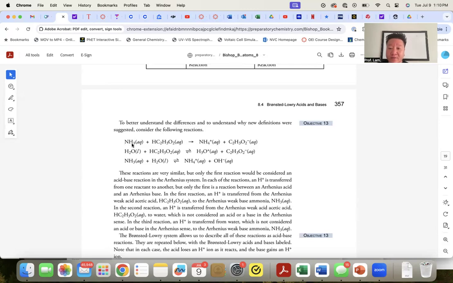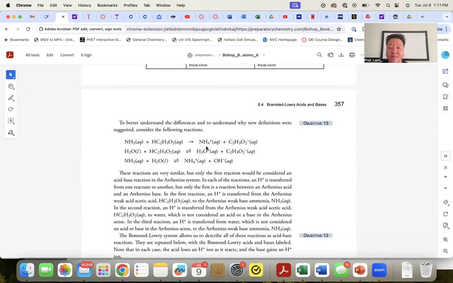NH3, we already saw from another video, is a base. And this, you should know, is your oxoacid acetic acid. HC2H3O2 is going to be the one that donates the proton. So it's going to take the H plus and put it onto NH3. What does it become?